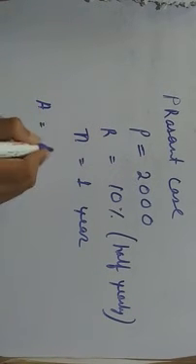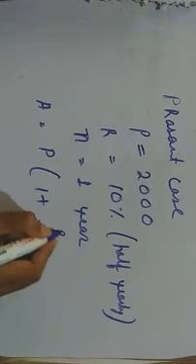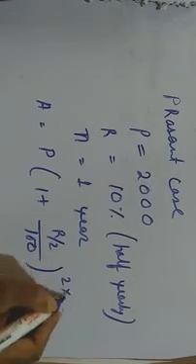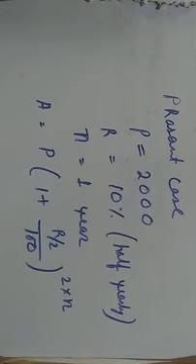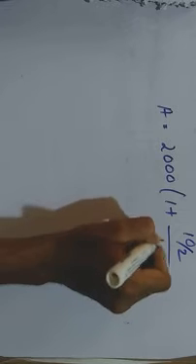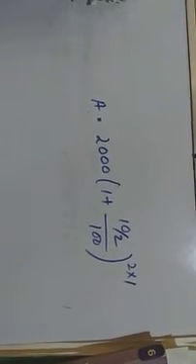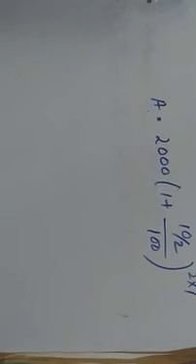So amount will be P, 1 plus R by 100 times 2, power N. Now simply substitute the values. Principal is 2000, rate of interest is 10% by 2, and time is 1 year, so I am writing 2 multiply 1.